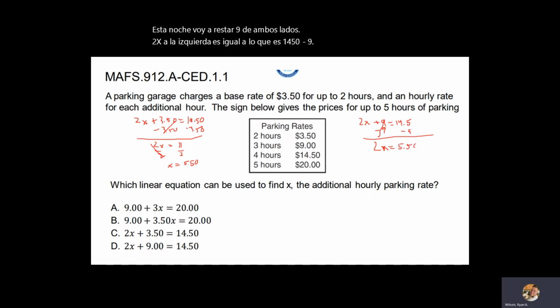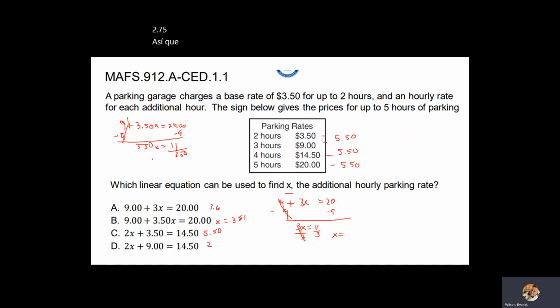To get the x by itself, I have to divide by 2 on both sides. So what's 550 divided by 2? 2.75. So these are our three answers.